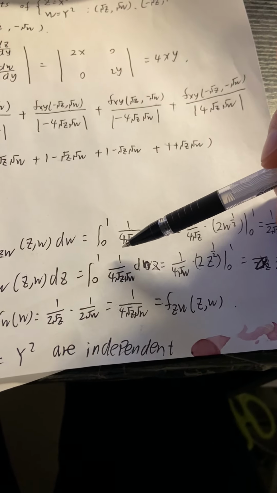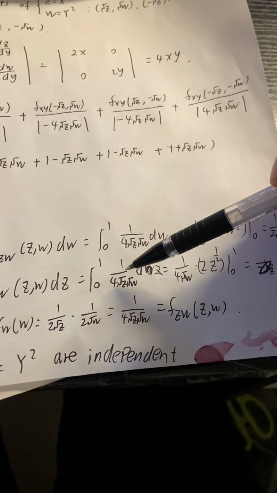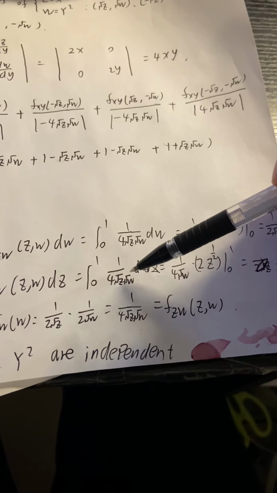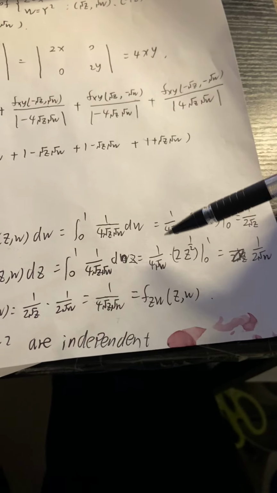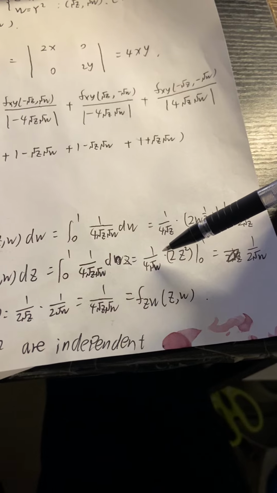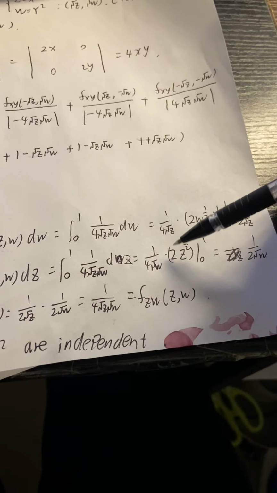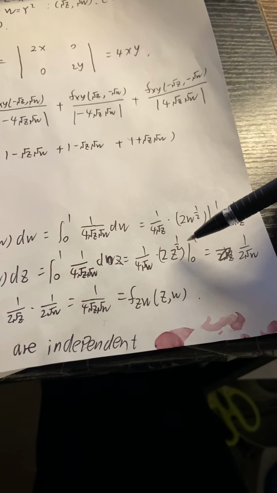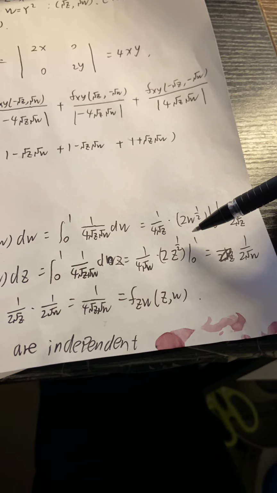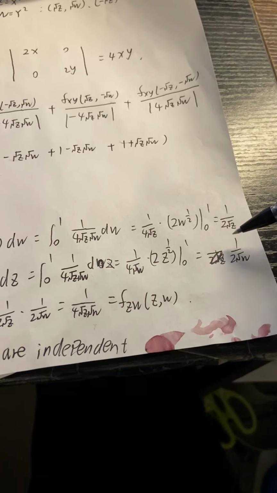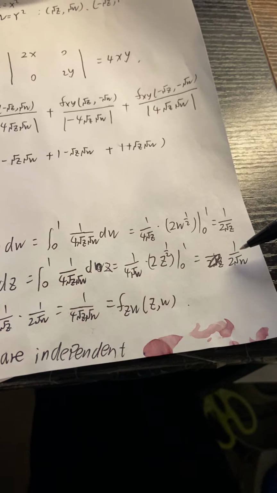The density function is 1 over 4 times square root of z times square root of w dz. It will be 1 over 4 times the square root of w times 2z to the power of 1/2, z from 0 to 1. So the final result is 1 over 2 times the square root of w.